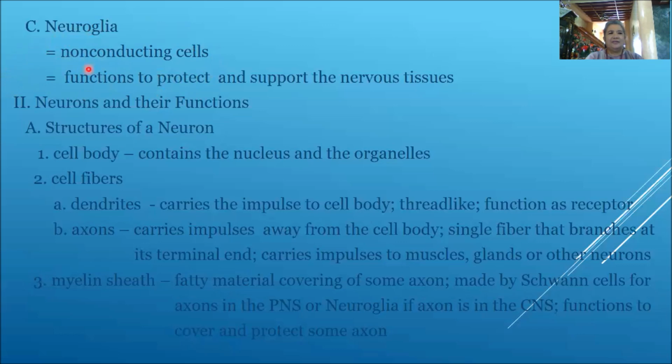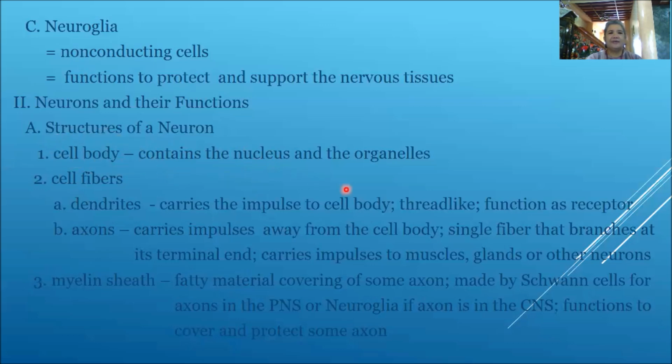So what is the nervous system made of? You have your neurons and they have their particular function. The structure of a neuron is that it has a cell body, a cell fiber, and a myelin sheath. The cell body of a neuron is just like the cell body of the cells found in the other organs of our body, except that it has a peculiar characteristic of having a very big nucleus in comparison to the size of the cell body.